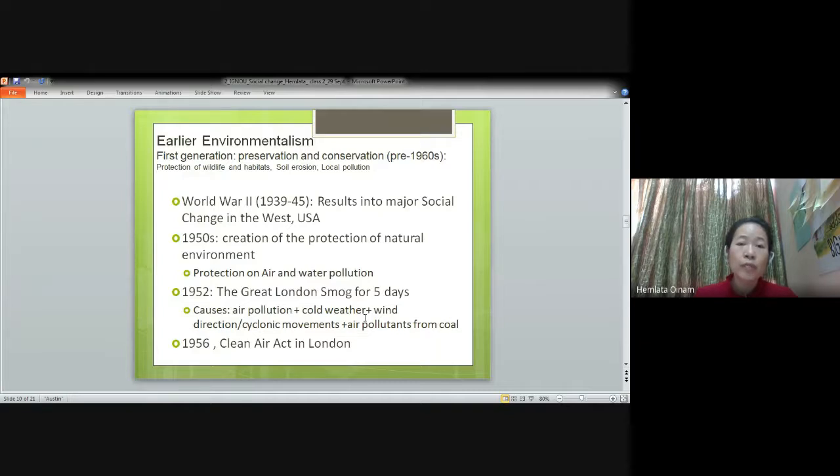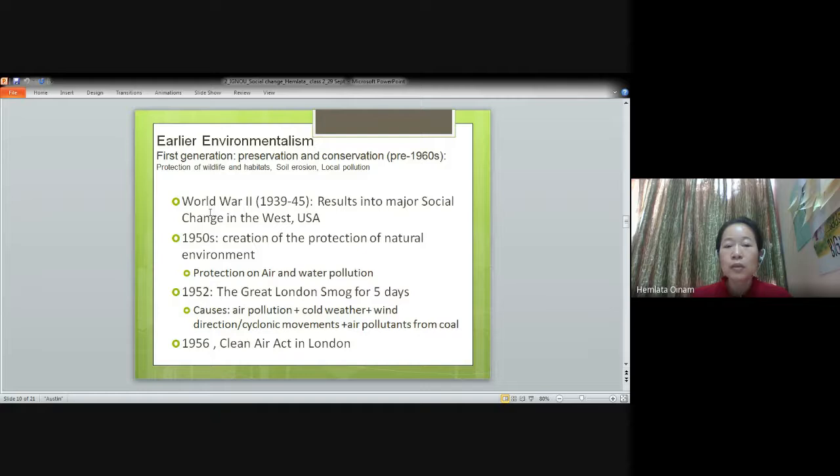Now, when we talk about this earlier environmentalism, to know better with some examples, the first generation preservation and conservation is mainly from pre-1960s, where people were focusing more on these four major areas: protection of wildlife, habitat, soil erosion, and local level pollution.